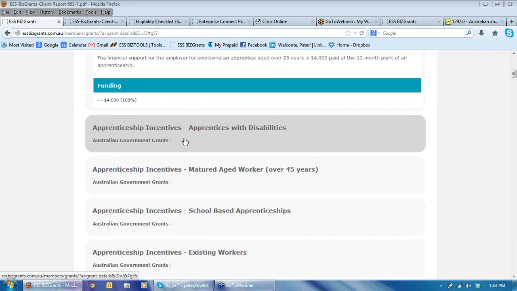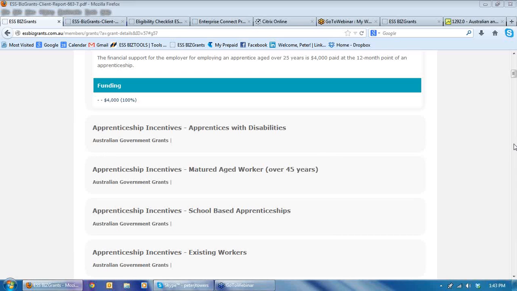I haven't considered the application to meet exactly what you're asking there. We've attacked this by saying, let's put the profile of the client in and then determine what grants might be applicable for that client.